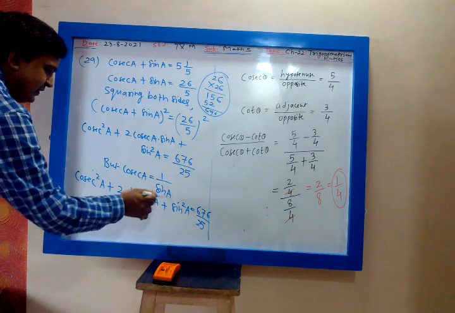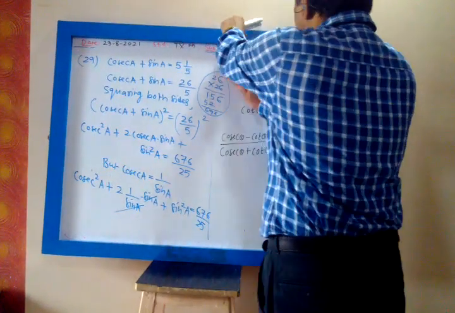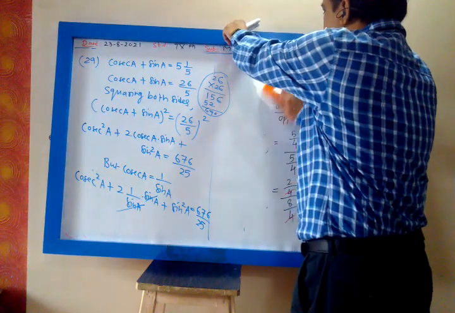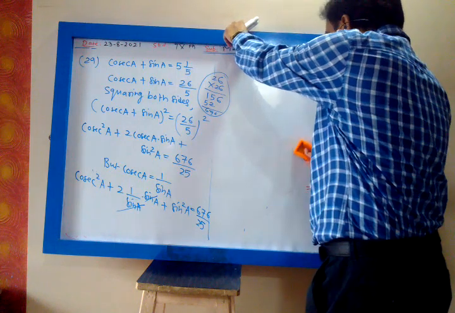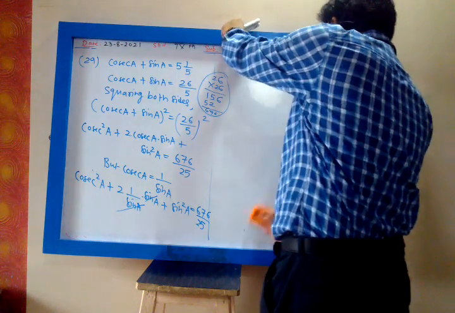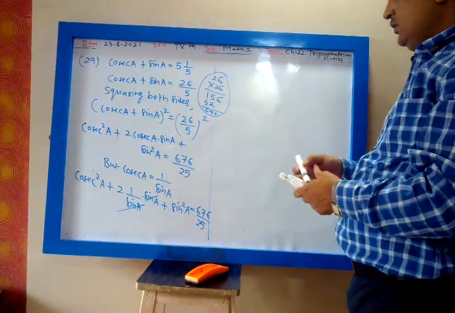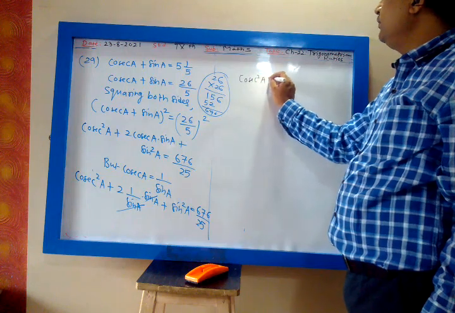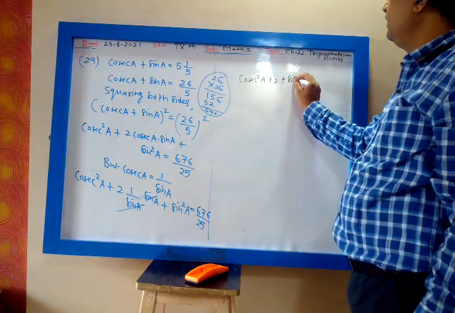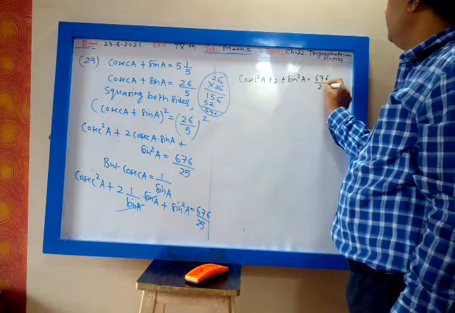Sin A gets cancelled. So cosec square A plus 2 plus sin square A is 676 upon 25.